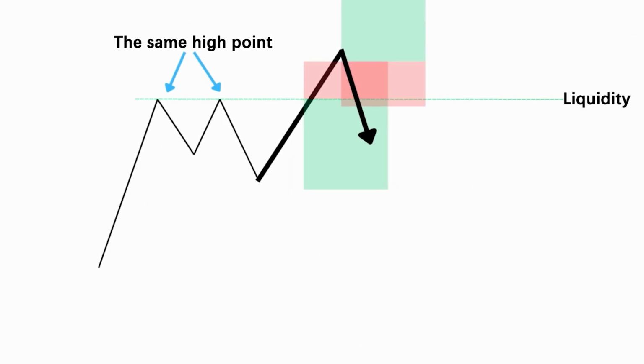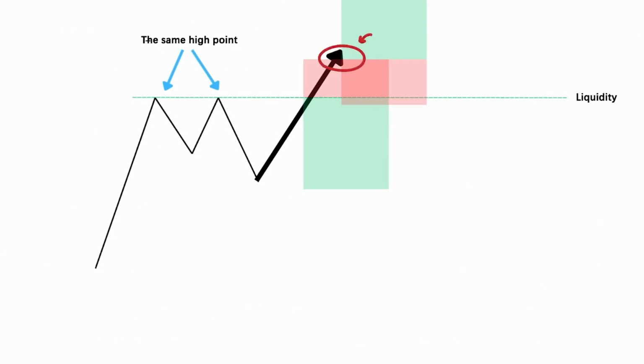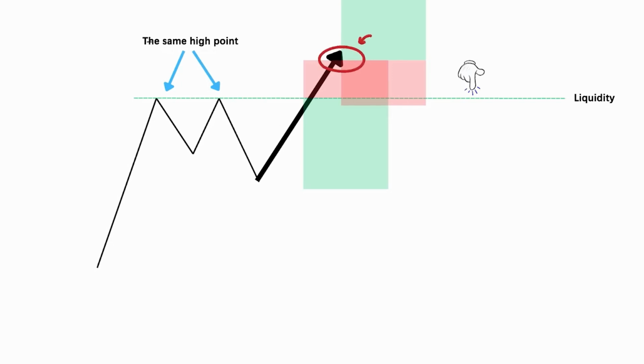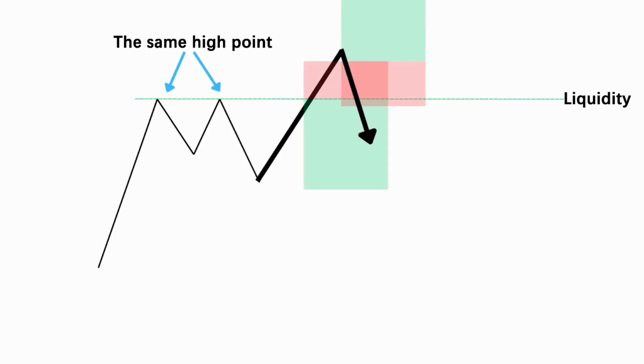Smart money will pull up and grab the liquidity of these short traders. When the price goes up and breaks through the resistance level, the smart money has successfully captured the liquidity of these short traders. Moreover, there will be breakthrough traders involved in the breakthrough trading orders. Their long stop loss point will be set below this price. So at this time, when smart money pushes prices down, it will take advantage of the trend to grab the liquidity of these long traders.